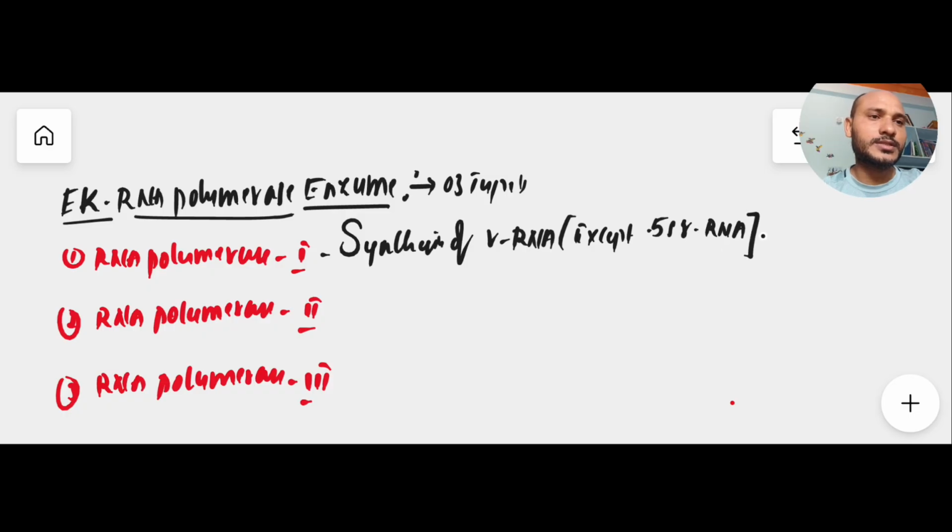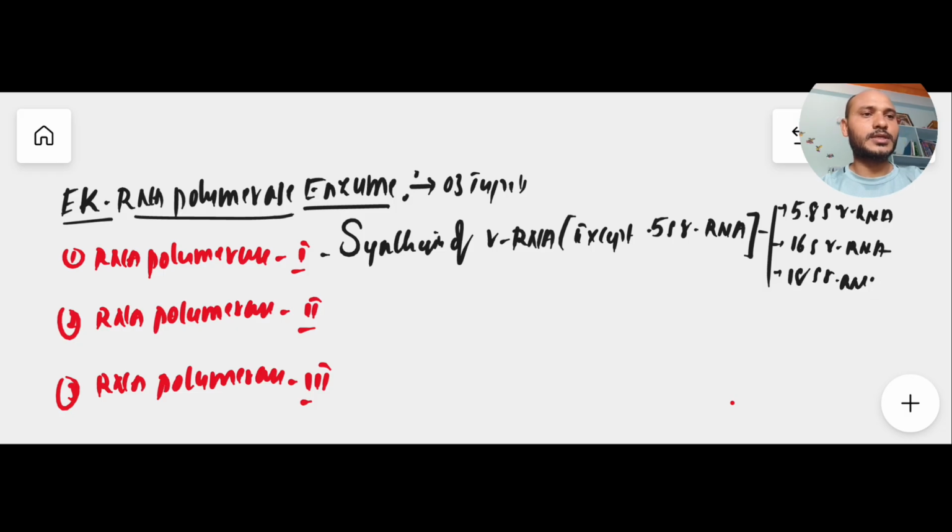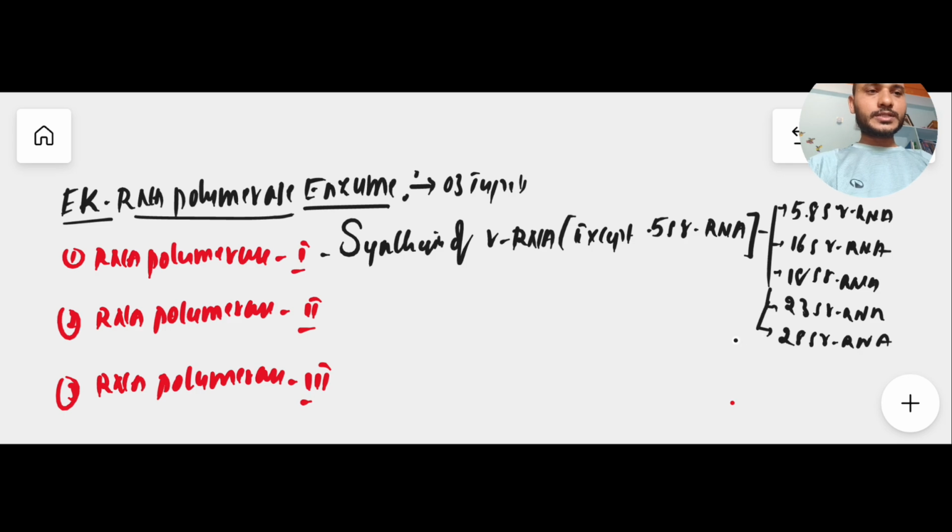It means that it synthesizes various types of ribosomal RNA like 5.8S rRNA, 16S rRNA, 18S ribosomal RNA, 23S ribosomal RNA, and most important, 28S rRNA. So RNA polymerase 1 helps in synthesis of all these RNAs but except 5S rRNA.